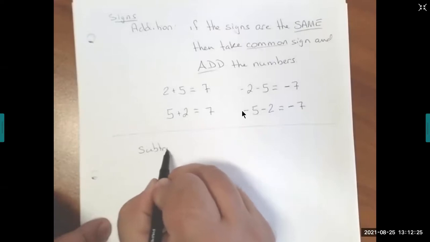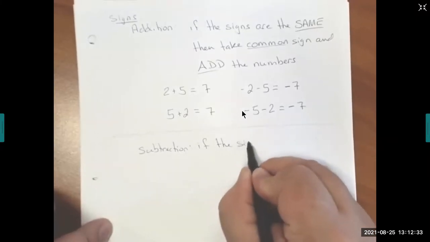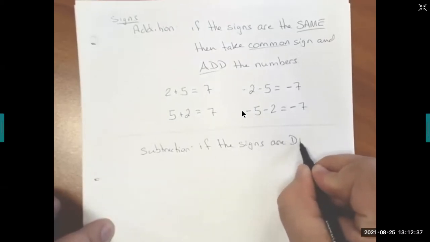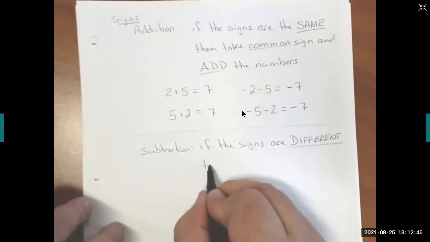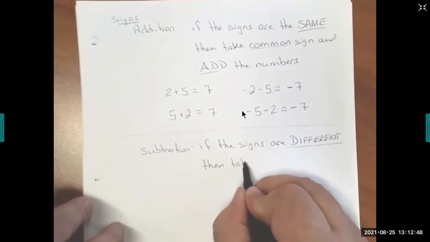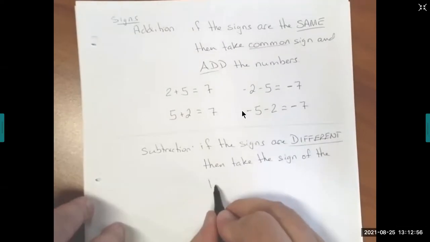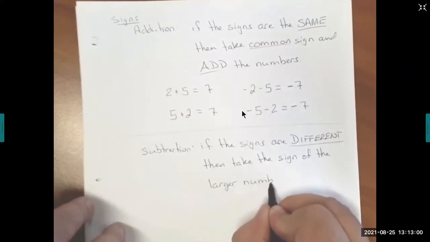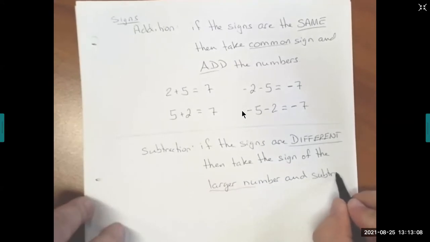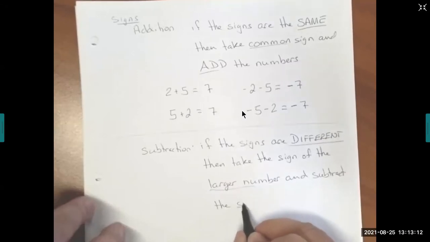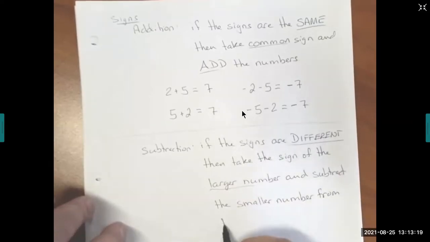Subtraction. If the signs are different, then take the sign of the larger number and subtract the smaller number from the larger number.